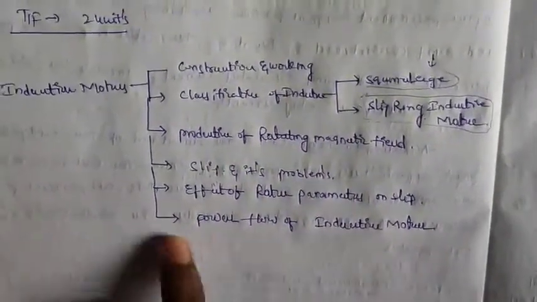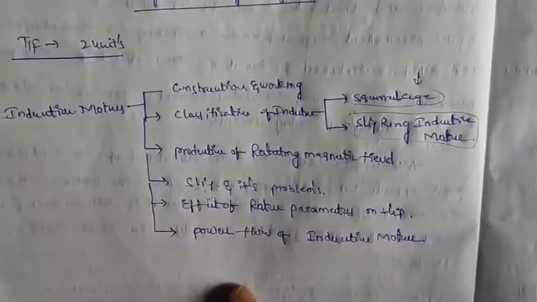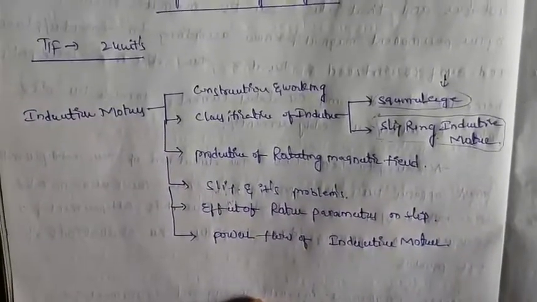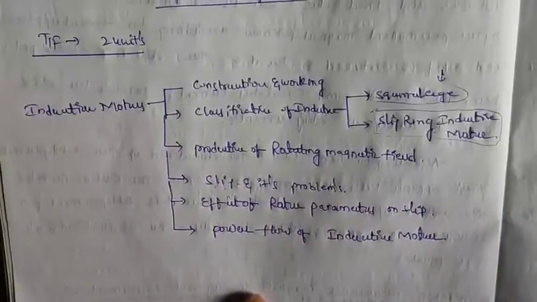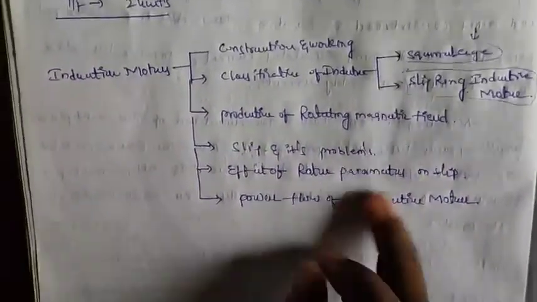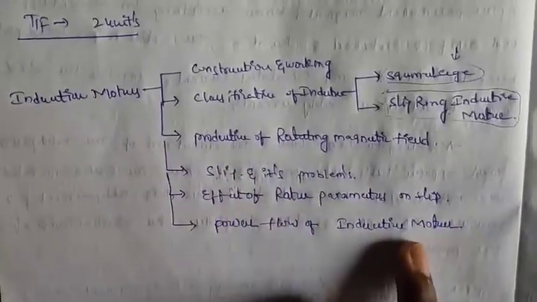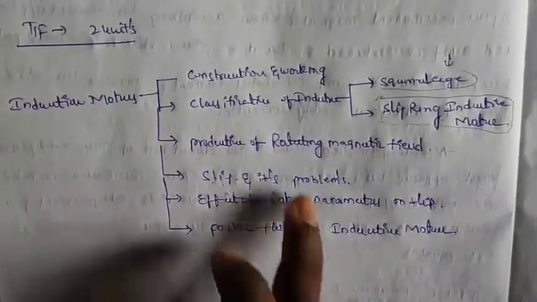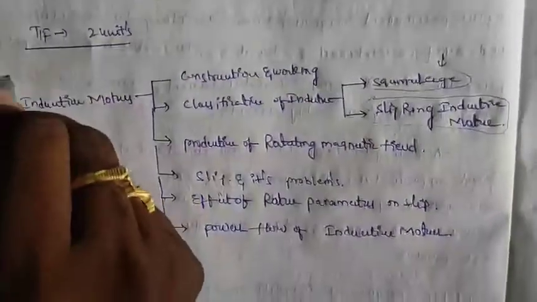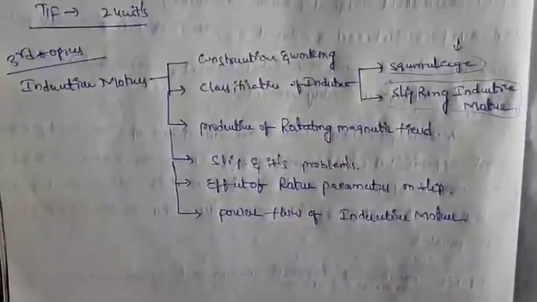In this, we see how the power is transferred from input to output through stator and rotor, what losses occur, what the formulas are, and what the relations with the others are. We have to derive these and solve some problems. This covers the third unit.